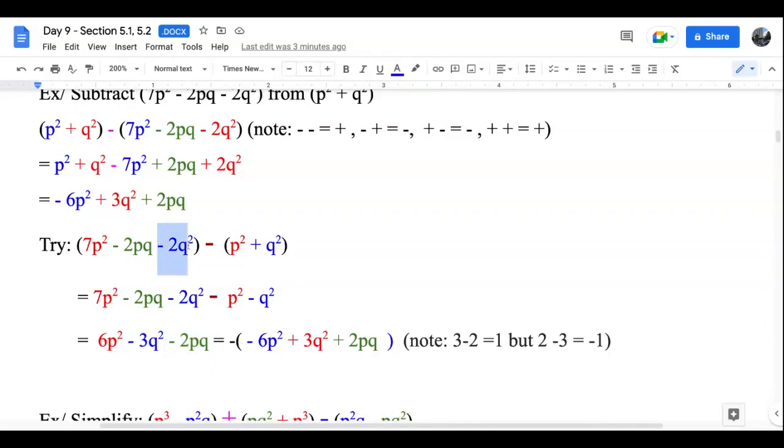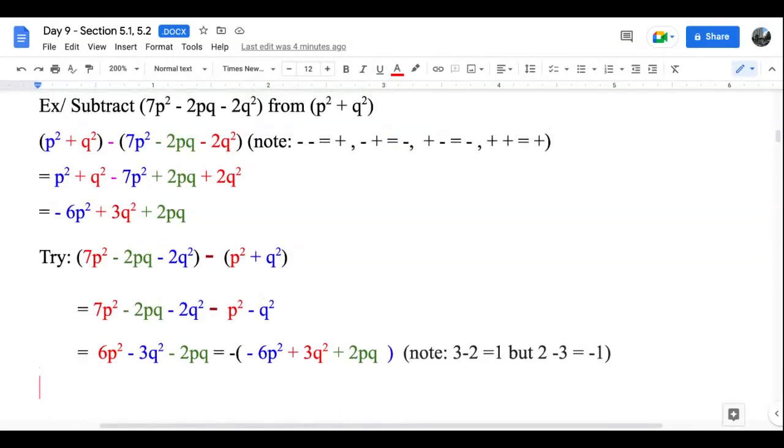Then negative 2q squared minus q squared becomes negative 3q squared. So the answer we have is 6p squared minus 3q squared minus 2pq. Anyone has any questions?